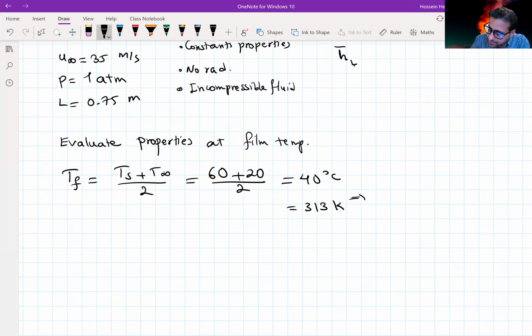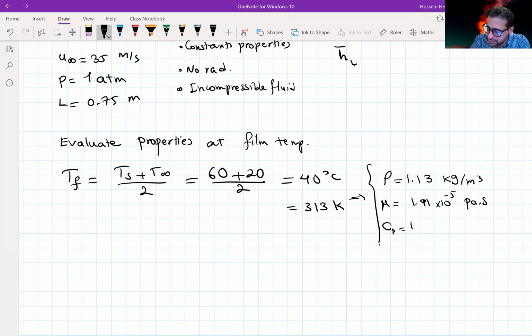Now having this temperature, if we go on pressure, we can go to the table. Density of air is 1.13. Viscosity of air is 1.91 times 10 to the power minus 5 Pascal second.